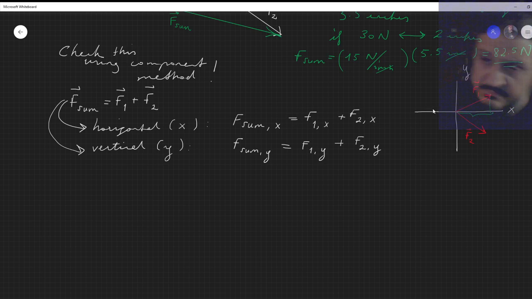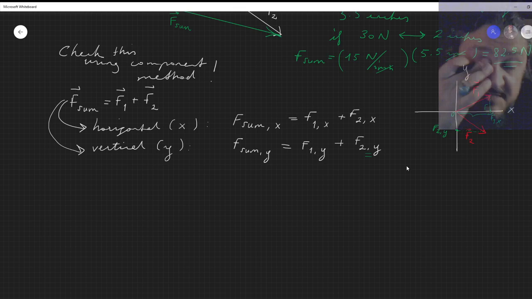This number is the actual length of the side of that right triangle. f1x is this coordinate here. Similarly, if I do it for f2y, I'm talking about the projection along the y-axis, so this will be f2y. Okay? f2y will actually be negative, as you can see, it's below the origin.